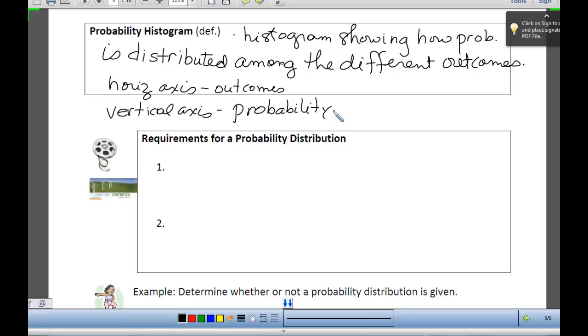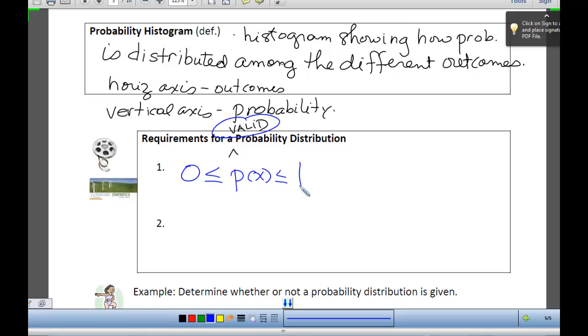Now here's something else. This has to do with the requirements for a valid probability distribution. I already told you earlier, in order for us to have a probability distribution, it lists all the possible outcomes and the probabilities associated with each one. But in order for that to be valid, we have 2 requirements. First thing is the probabilities, I'll write it just briefly, 0 has to be less than or equal to P(x) less than or equal to 1 for each value.